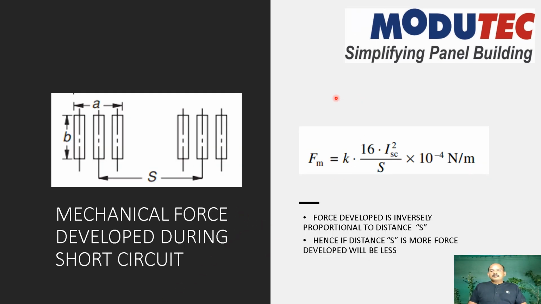And important while designing the bus bar arrangements, we need to ensure this. These are two phases. This is one phase, this is another phase. Between the phases, between the bus bar runs, we can maintain a distance of 10 mm minimum.